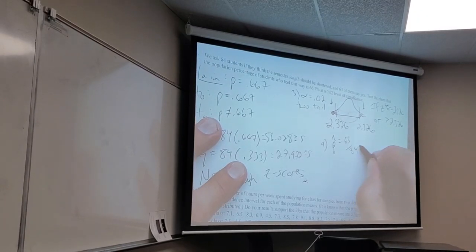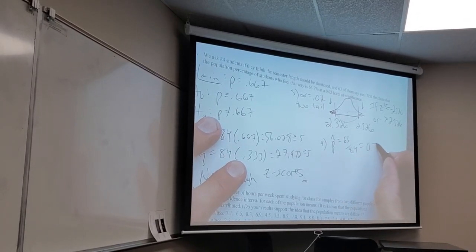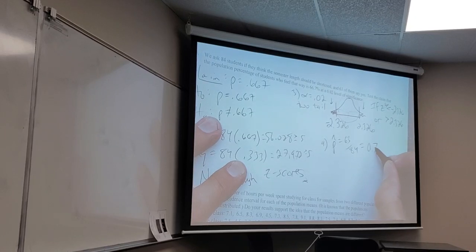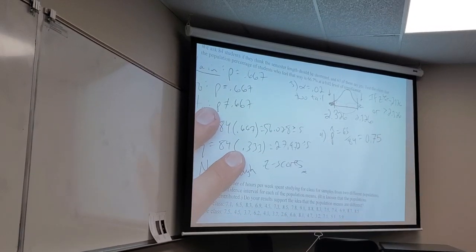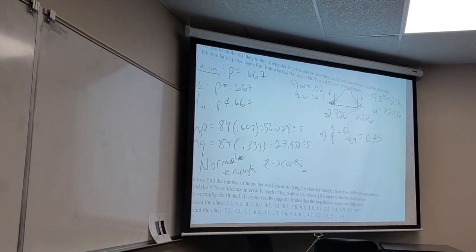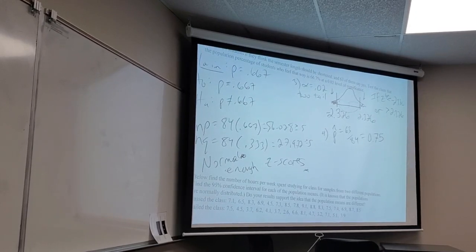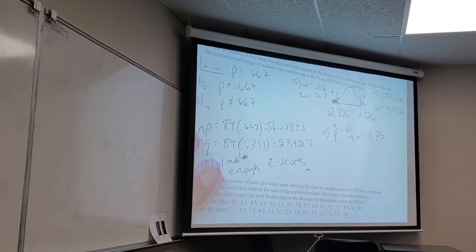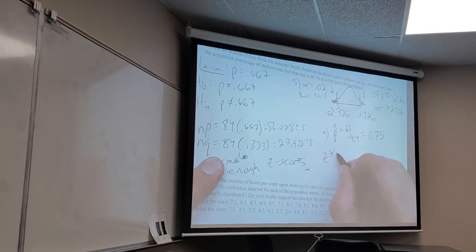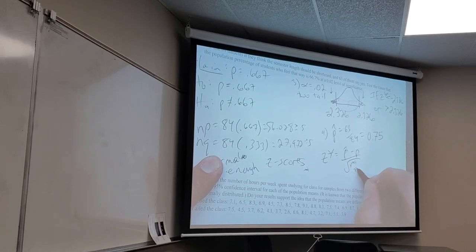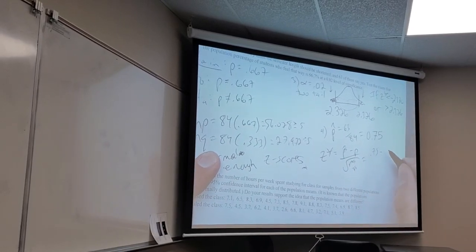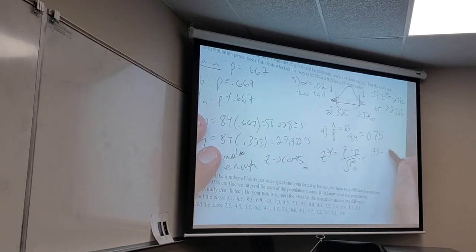Now this is what comes out nice. And then it's just plug and chug, right? p hat minus p divided by square root of pq over n. So 0.75 minus what? 0.667. Good, 0.667.